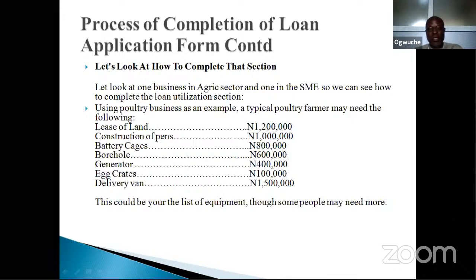If you are going to process birds, for example chicken, you need a deep freezer where you can also store the birds which you are processing. So this could be a list of equipment, though some people might need more than that.